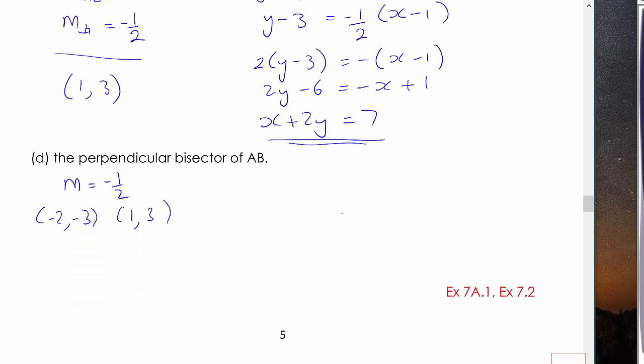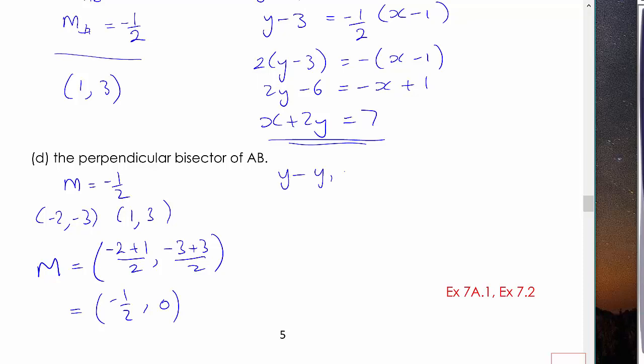So the midpoint there, average the x-coordinates, -2 add 1 divided by 2, -3 add 3 divided by 2. So that gives us (-1/2, 0).